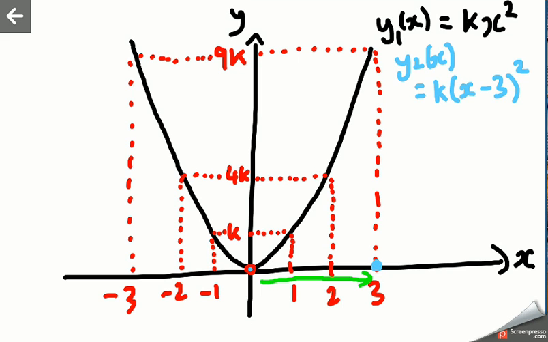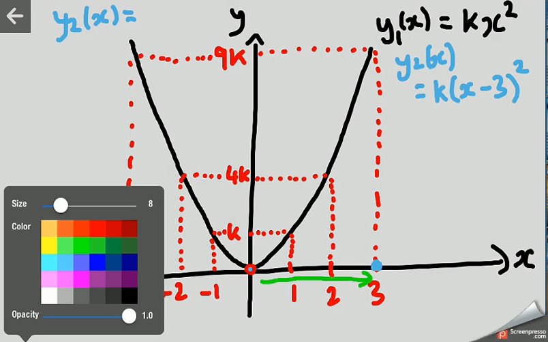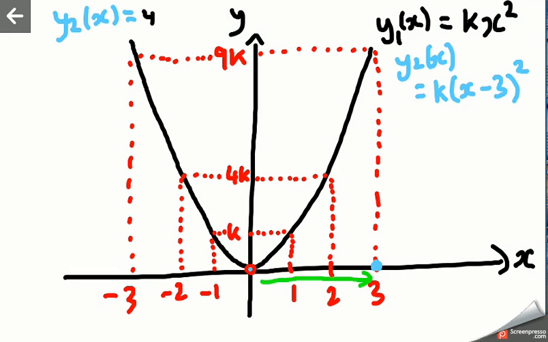And you will observe that, and I'm going to write over here because I'm running out of room, y2 of x is actually equal to y1 of x minus 3. So y2 of x, if I put x into the function y2, I get k times x minus 3 squared.